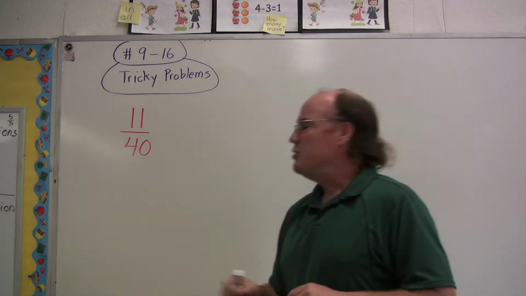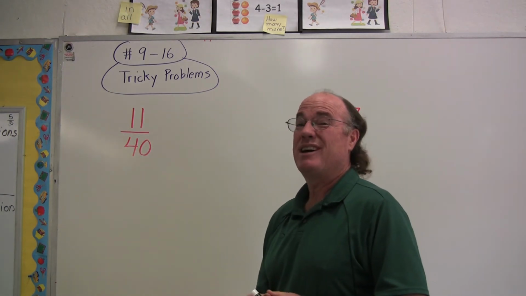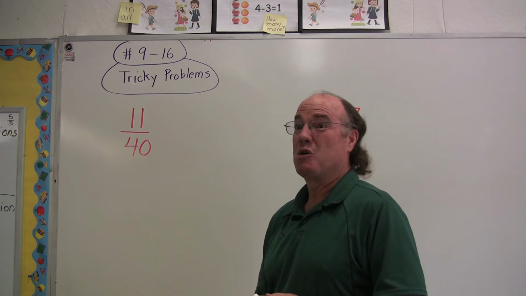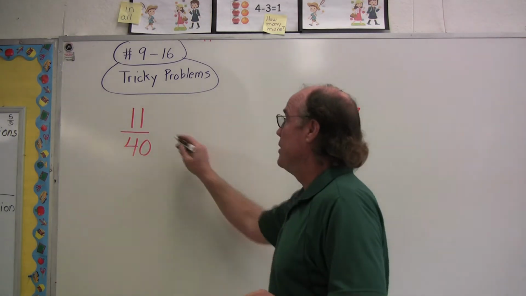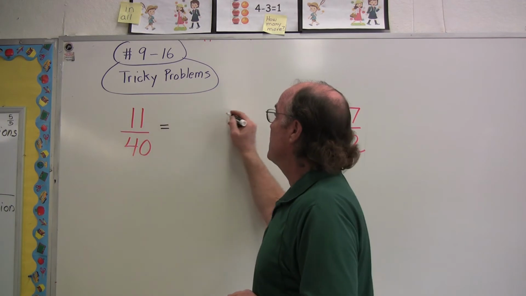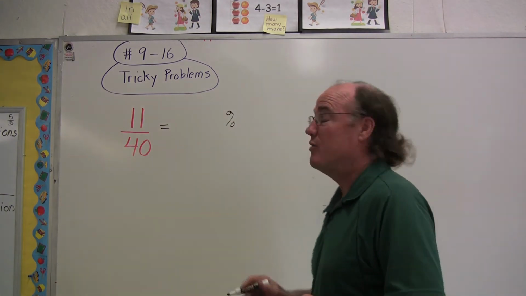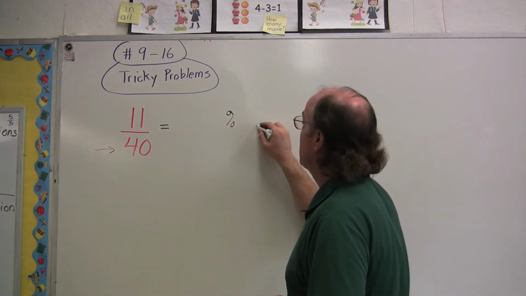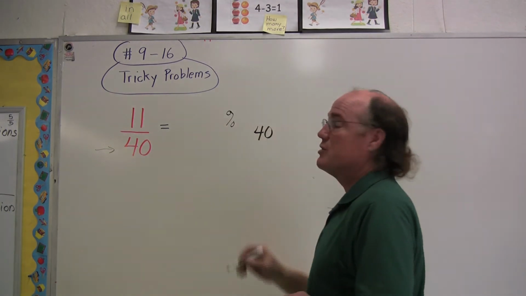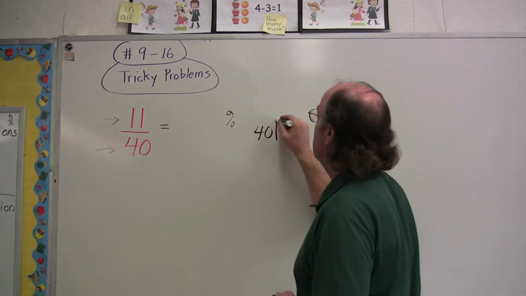So what we have to do when we get to this is we have to divide, long division, and we all go, yuck. But that's what we have to do. In order to convert this into a percent, we're going to have to divide. Now remember, the bottom number is on the outside. The top number is on the inside.